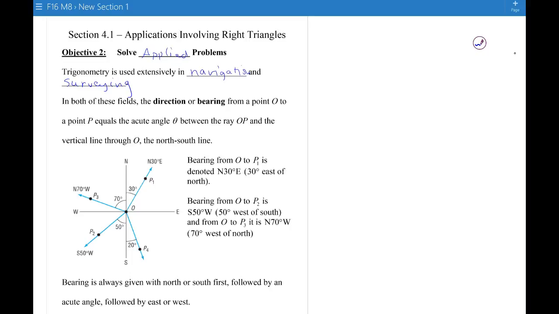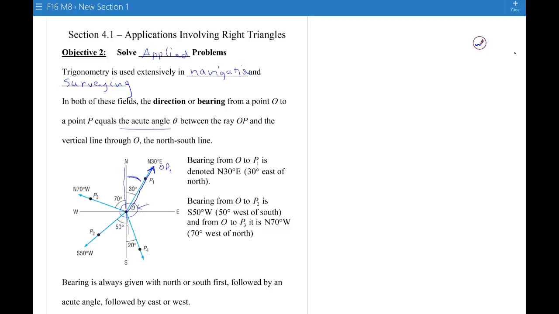So in both of these fields, the direction or bearing from a point O, so here's your point O, to a point P equals the acute angle, so that's the smaller one, the acute angle theta, between the ray OP, so here's ray OP1, and the vertical line through O, the north-south line.